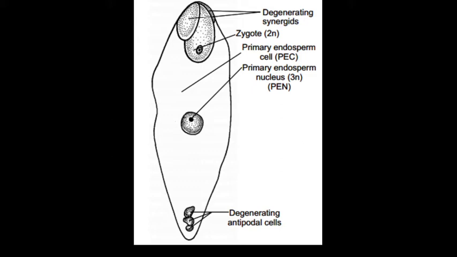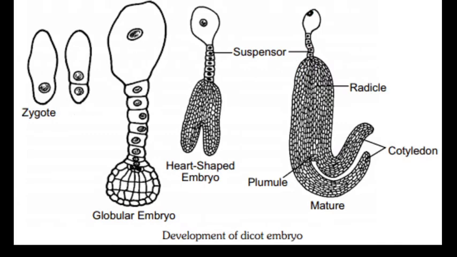Now we are at the third stage of sexual reproduction in flowering plants, which we call post-fertilization events. In post-fertilization events we talk about endosperm development.